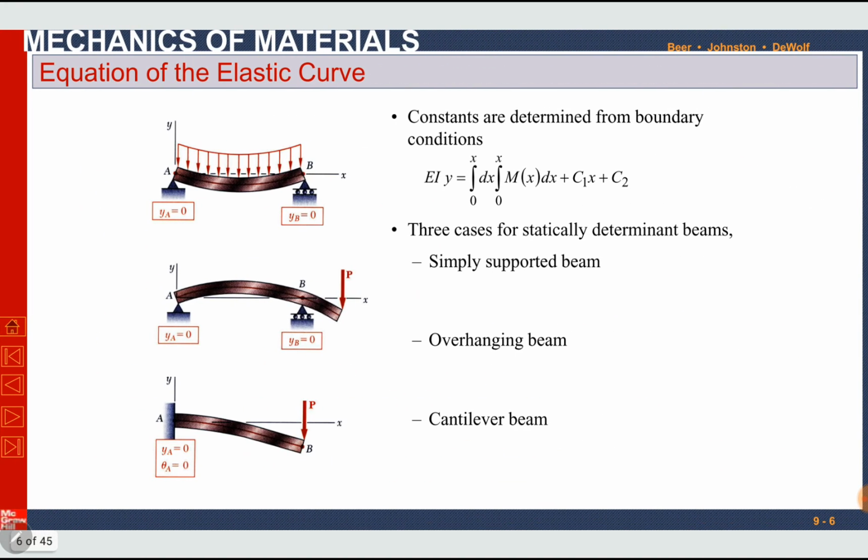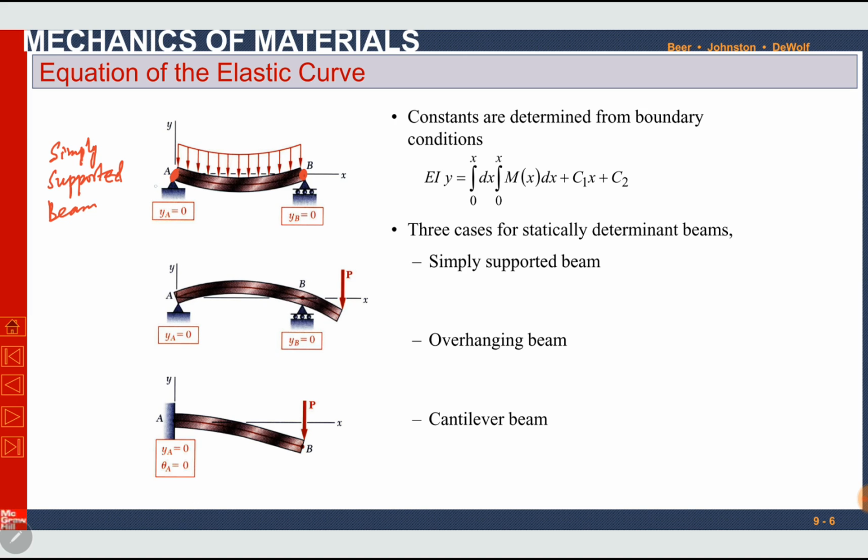These are the three statically determinate beams. The first one is the simply supported beam. In this beam, we can see that there is no deflection at point A and no deflection at point B. A and B are supported by two supports.